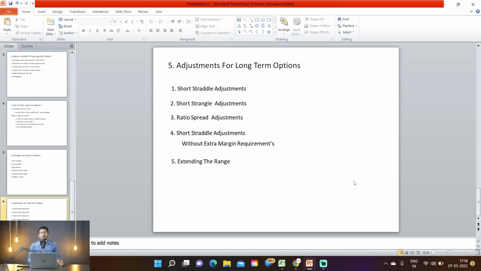Short strangle adjustment, ratio spread adjustment, and short straddle adjustment can also be done without using extra margin, and we can extend the range to whichever range you want. You tell me any number, I can extend the range of a short straddle or short strangle, and we will be in profit only, right?